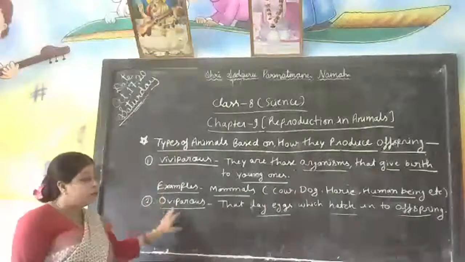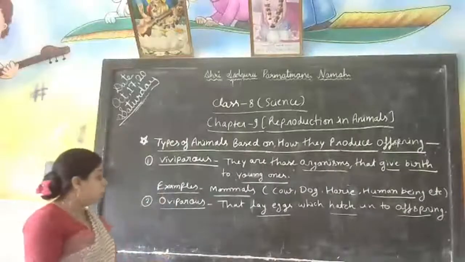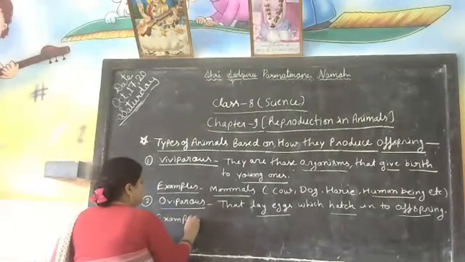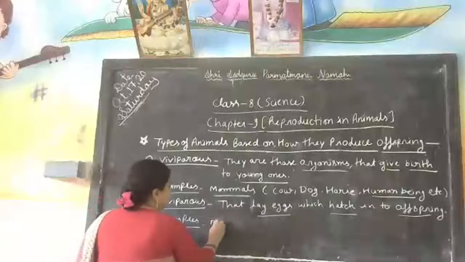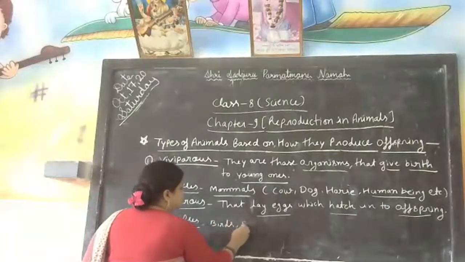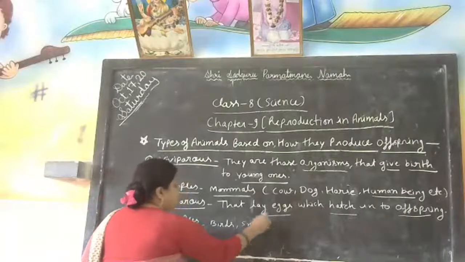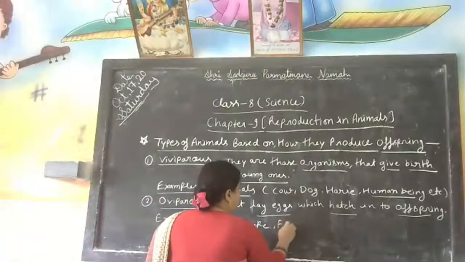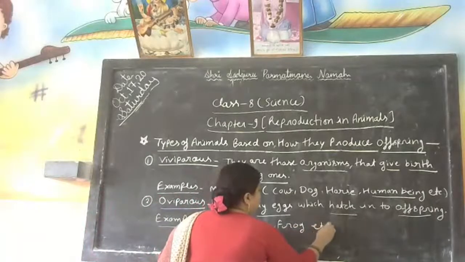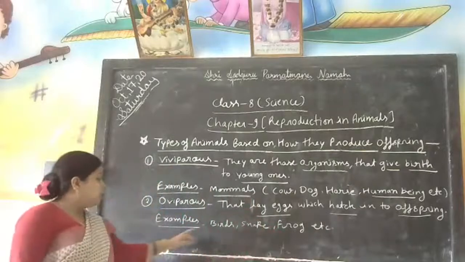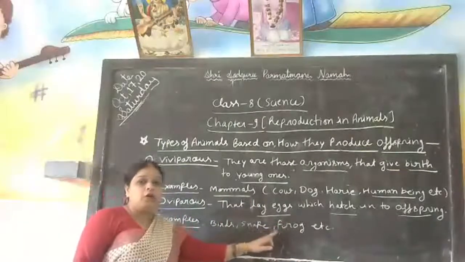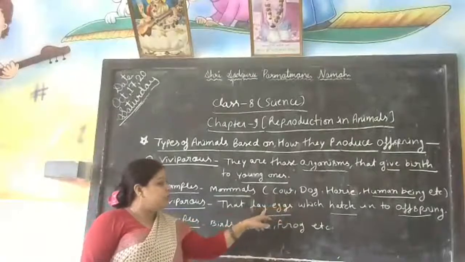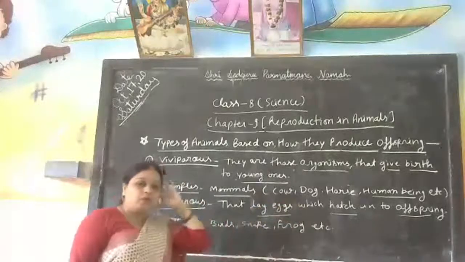Now, oviparous animals, for example, in case of birds, snake and frog, they lay eggs and these eggs hatch into offspring.